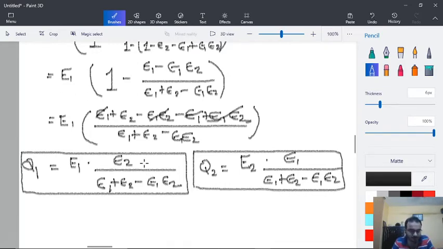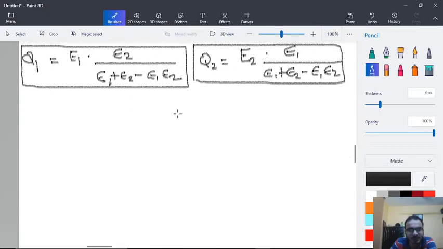Now the next is the net heat exchange between 1 to 2, Q1 to 2, is equal to Q1 minus Q2.